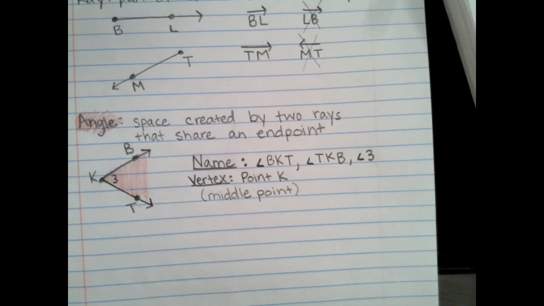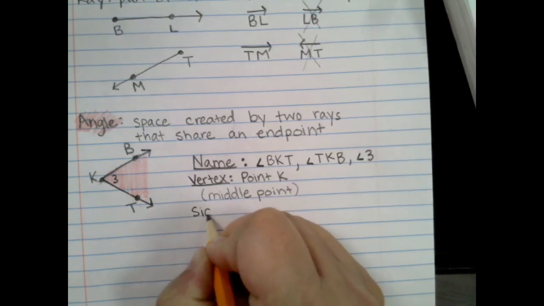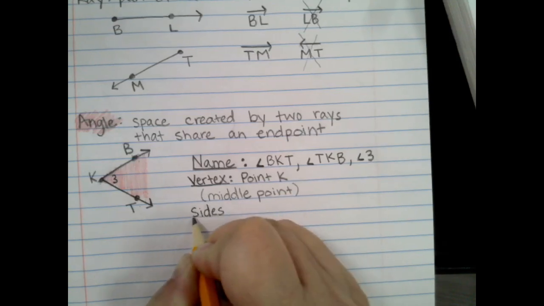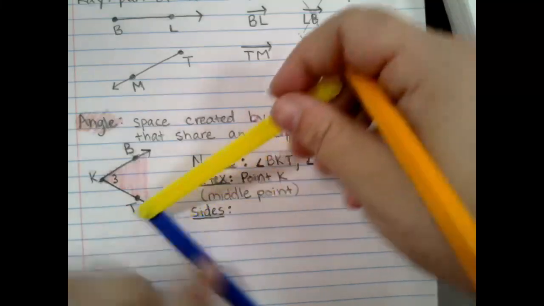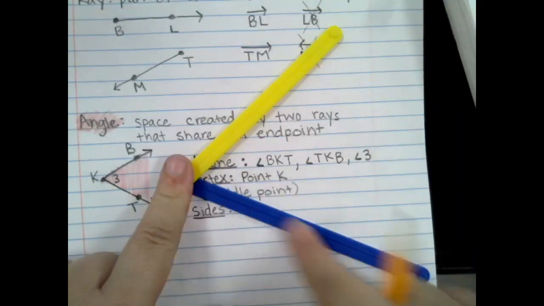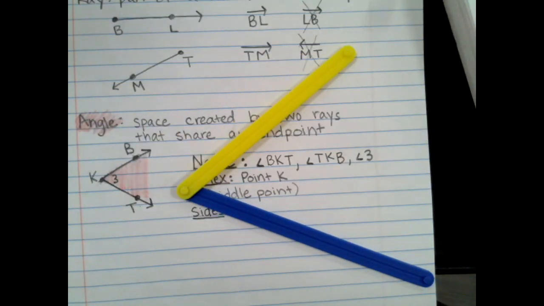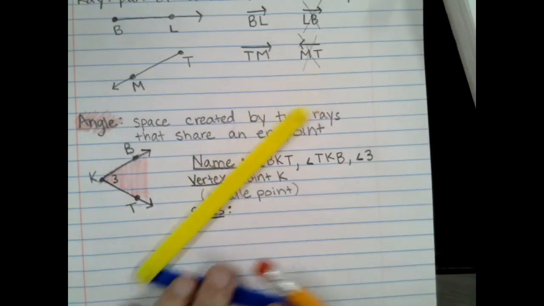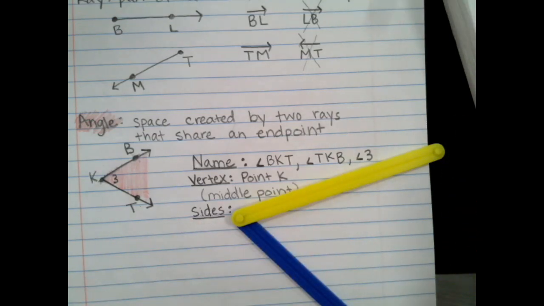All right, and then the last part to this example is the sides. If I name the sides, that means as I look at my angle, I'm looking at just one part and then just the other part. Okay, as we look at one of the sides, I'm going to use blue.